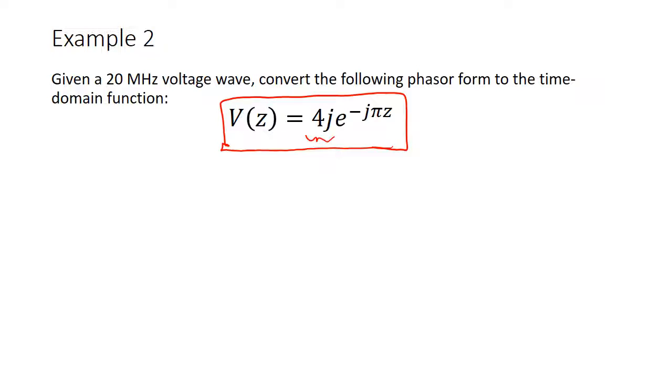You have to convert that into clear polar form in the form of e to the j theta, and then convert that into the time domain sinusoid, cosine of something with t and z in there, to get the time domain answer.